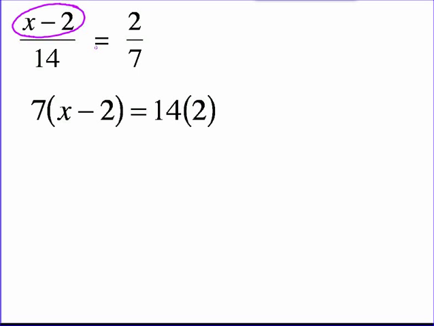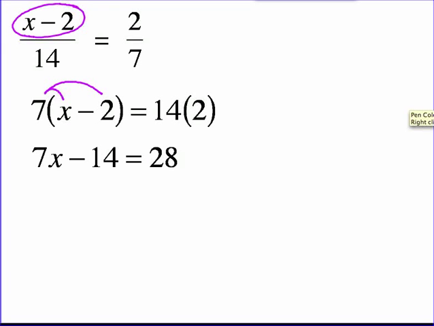So I'm going to take 7 times x minus 2, and that's going to equal 14 times 2. Now what do you have to do with the 7? Distribute. So I'm going to distribute the 7. When I distribute that 7, I get 7x minus 14, and that's going to equal 28. What do you do now?